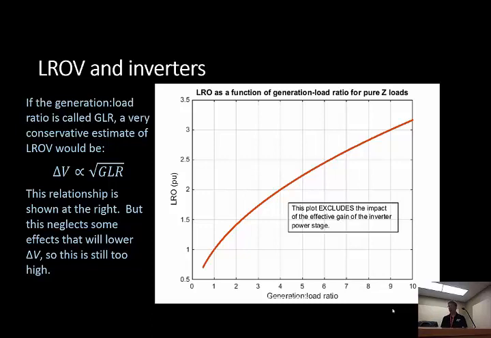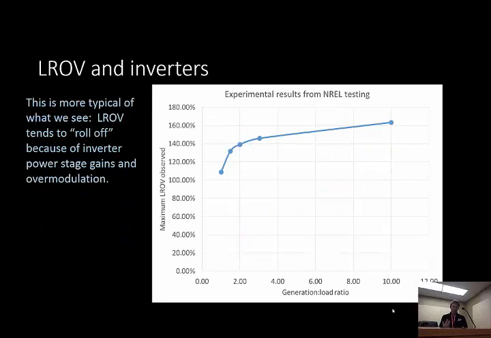Now, as I've said before, all of these theoretical values tend to be a little bit on the high side. What do we actually get? I have been a part of a team that's been working with the National Renewable Energy Lab, also with Solar City, the system developer, to look at load rejection overvoltage and ground fault overvoltage in a lot of detail.